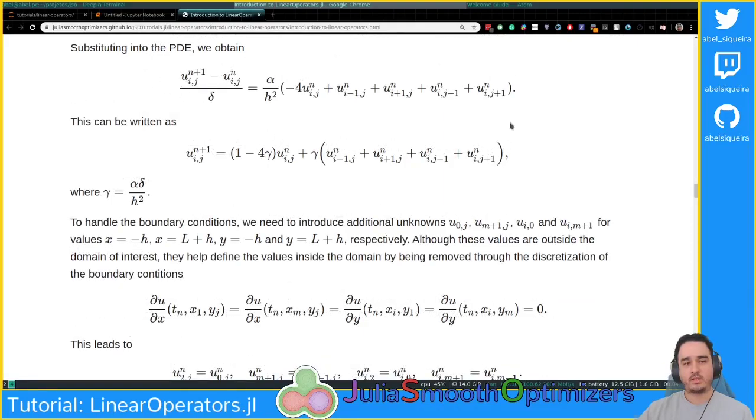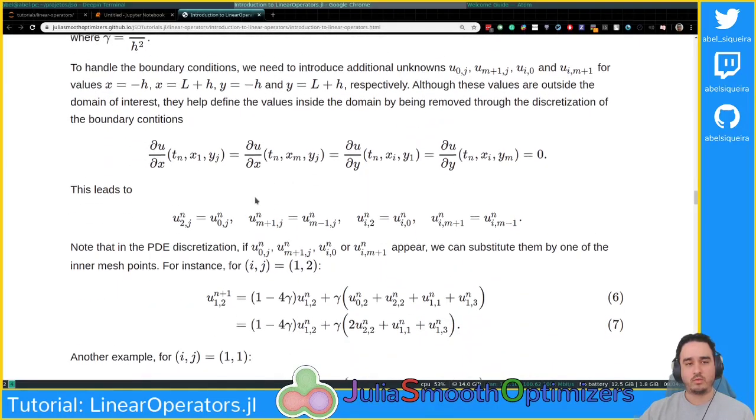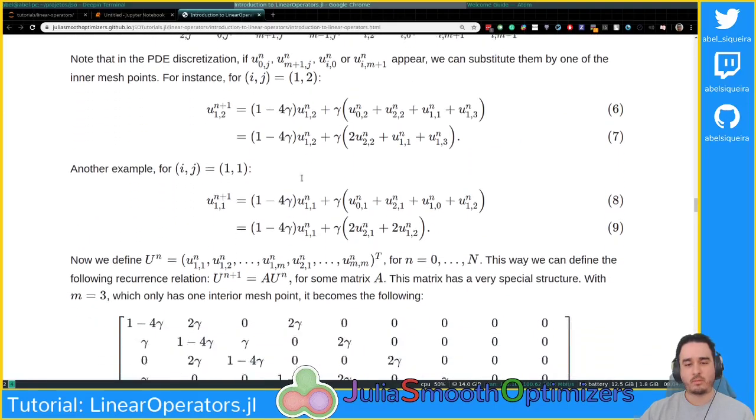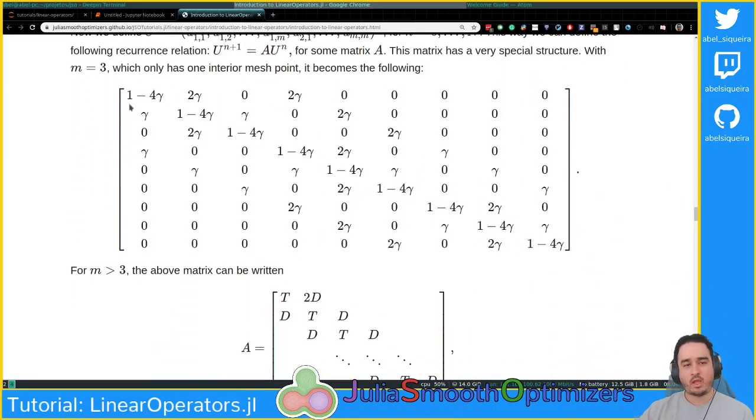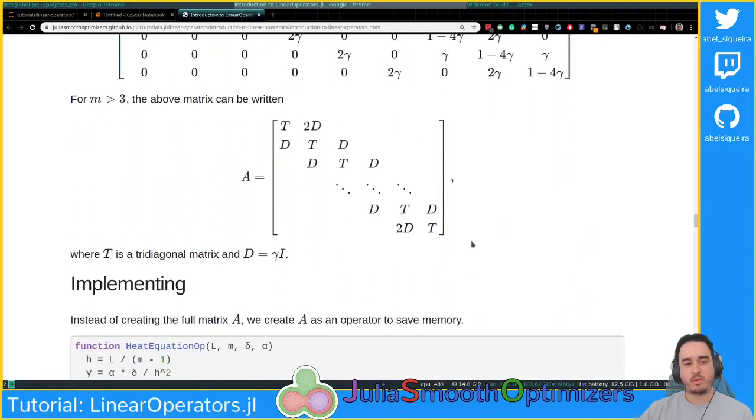So I can write this linear operator in this way, which defines an update to each value u. Okay, so these are details for the boundaries, what happens. And in the end, we're going to have something like this matrix, which can be written as this matrix here.